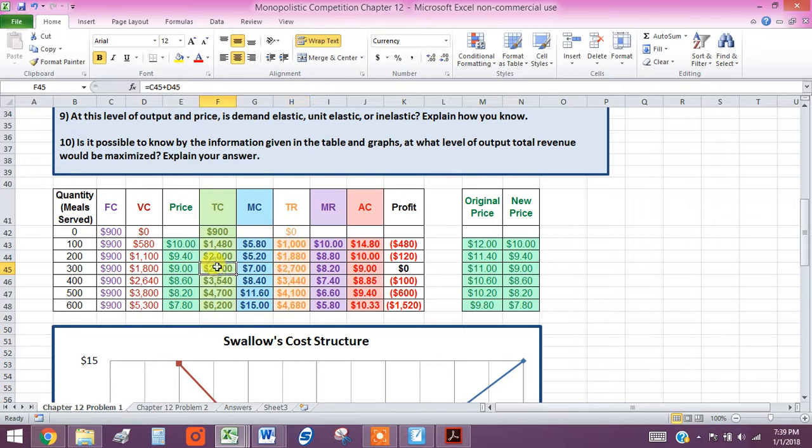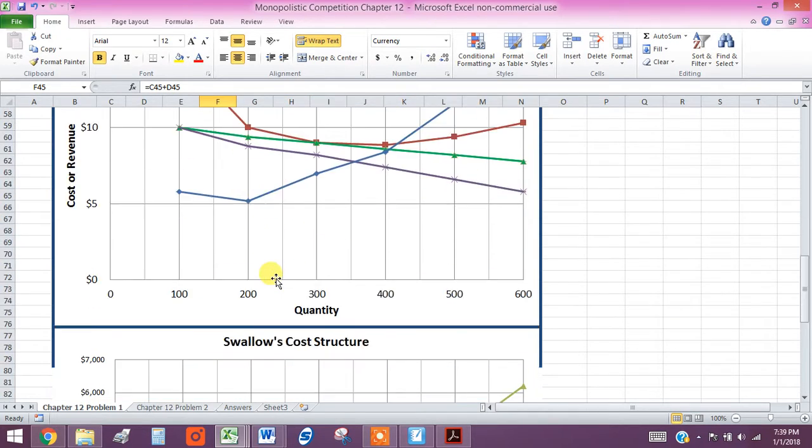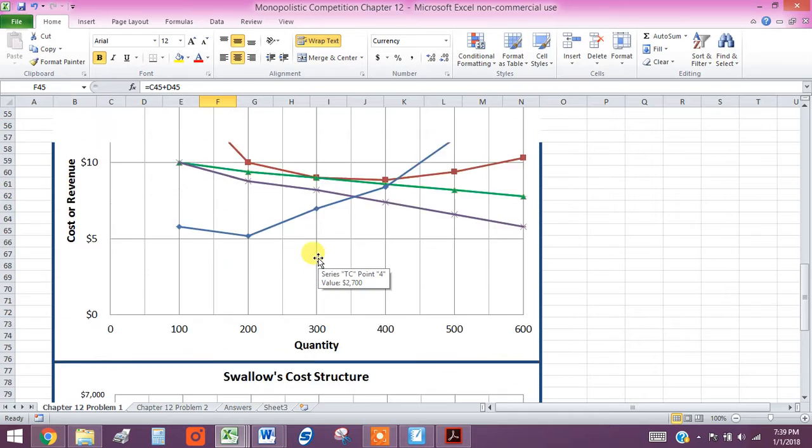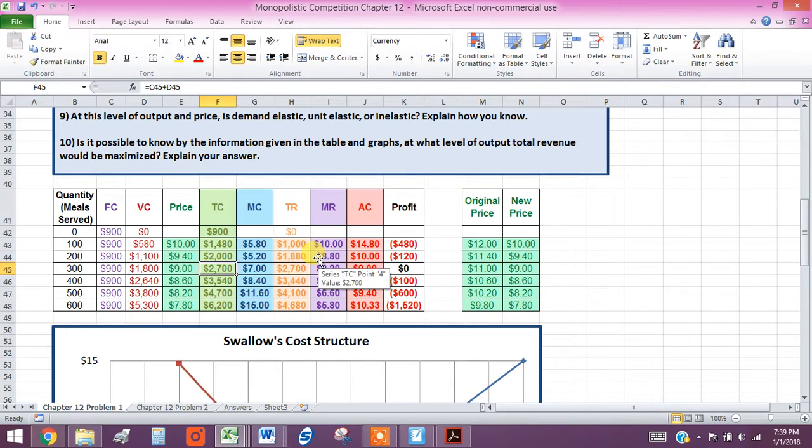So we can jump back down on our other graph and look at that point at 300. See, total revenue, which is in the orange, equals total cost in green right here. So all of these data points in our table and 2 graphs tell us that Swallows is making 0 economic profit.